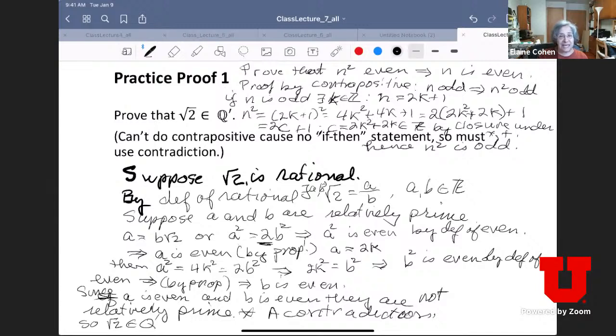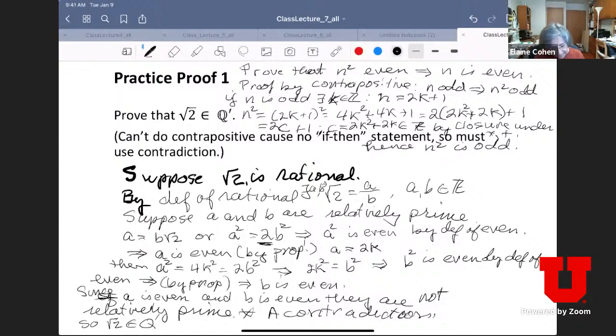Now, at the beginning of this, you may not know that you need a relatively prime form, but you go through it and then you come out with something that you don't see quite as a contradiction down here. You get the fact that they're both even. And unfortunately, if you don't assume they're relatively prime, you're going to have to keep factoring out stuff.